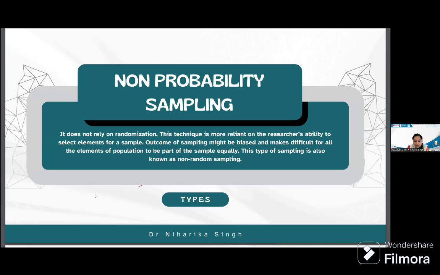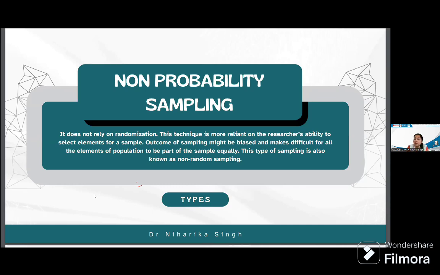But as ordinary researchers, when we conduct research on a personal level for research papers or research projects which are of smaller size, or less funded, or which are required to be submitted in less time, we focus more on non-probability sampling, as that is more convenient and requires less time, fewer resources, and less planning.